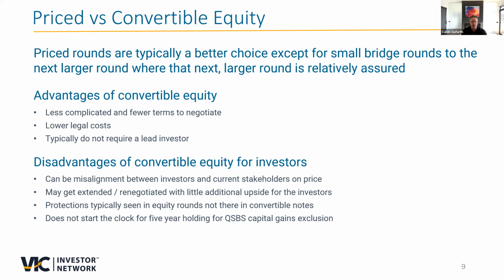So for most of these early stage investments in these venture capital stage companies, if you hold the investment for 5 years or more, upon exit, there's no capital gains required to be paid. That's a great advantage for these type of investments. For the convertible note holders, however, that 5-year clock doesn't start until the notes actually converted into equity. So that's a consideration.